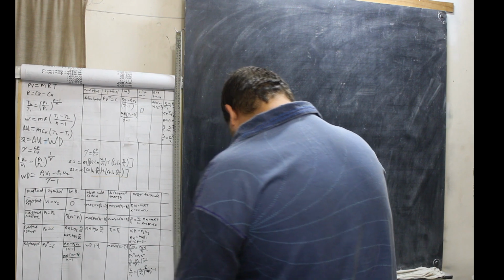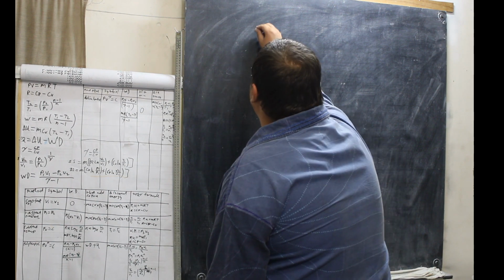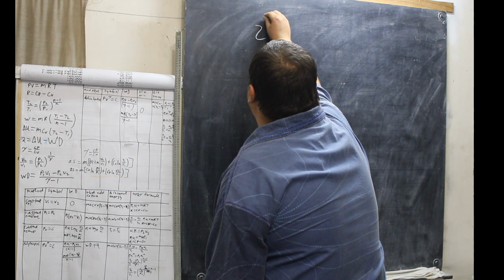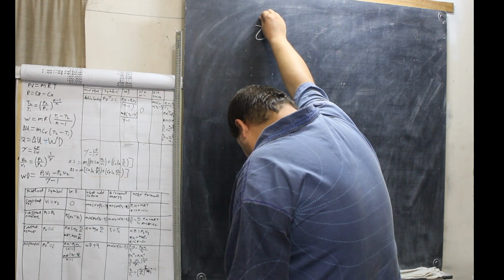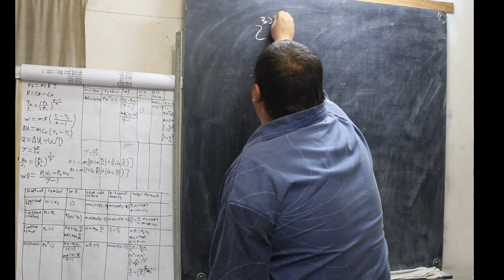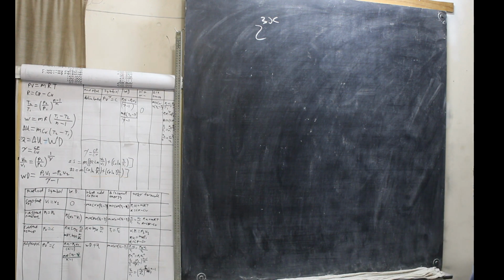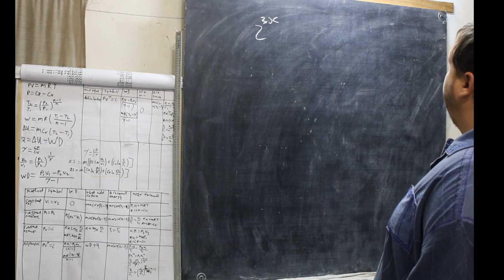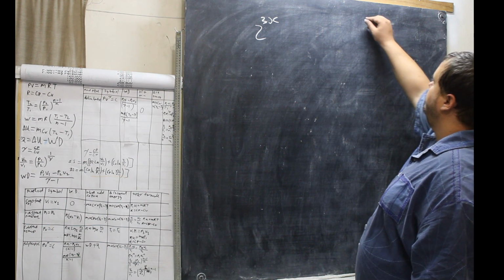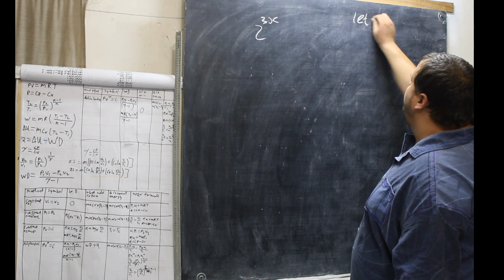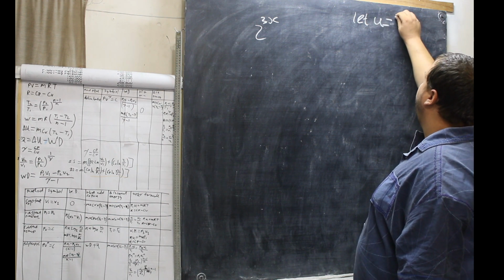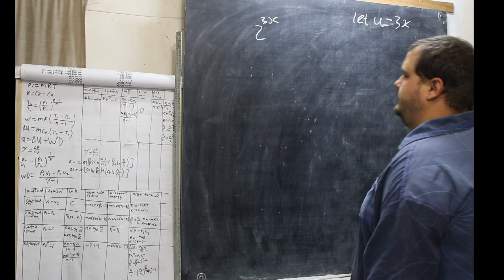Now the next one is 2 to the 3x. Now we're going to differentiate this. So 2 to the u, let u equal 3x.